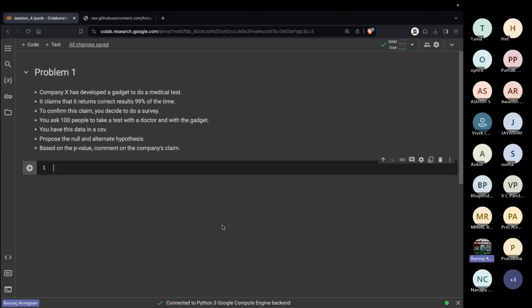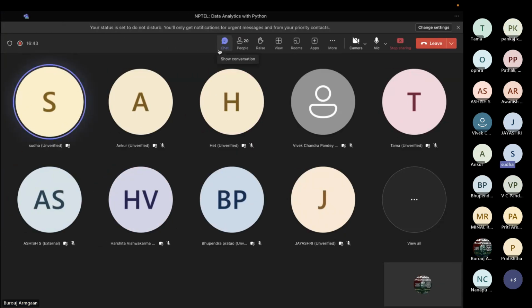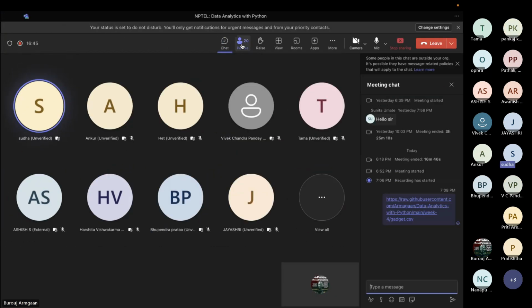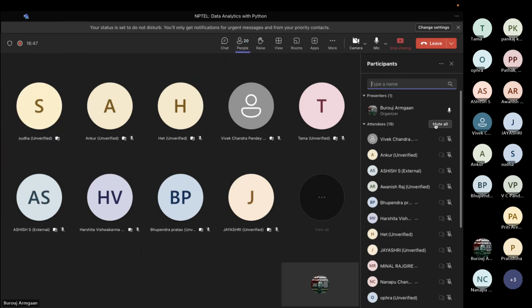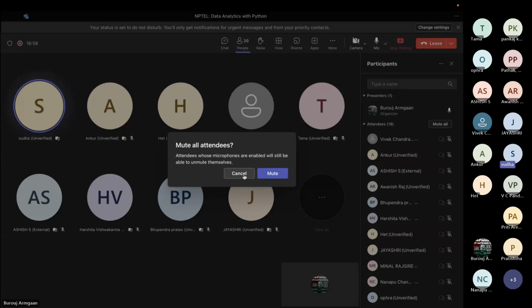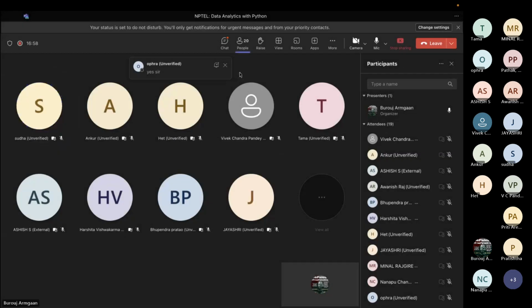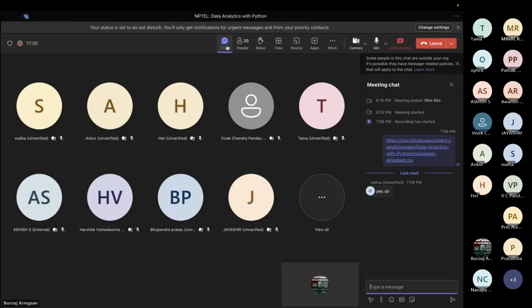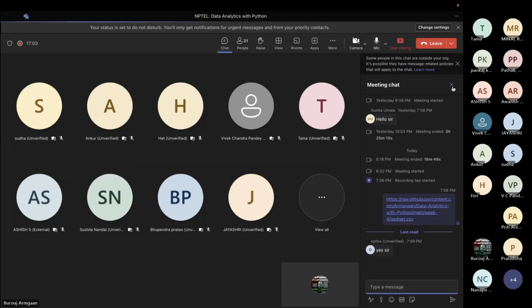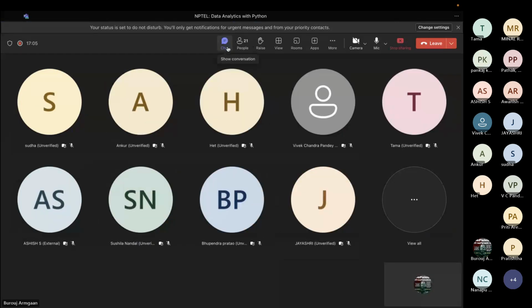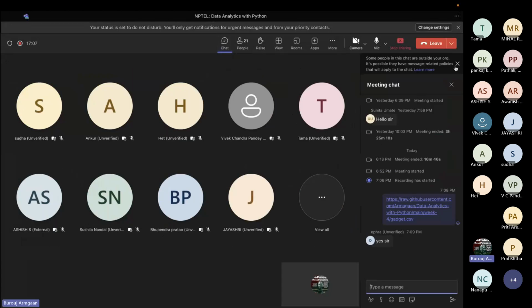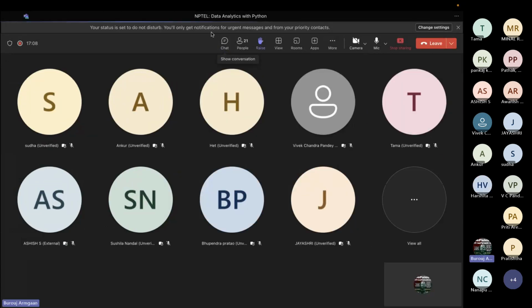So is the data accessible? Can anyone confirm? Sudha, can you type it in the chat? You have a lot of noise in your audio. Okay. So if anyone is done, please raise your hand.